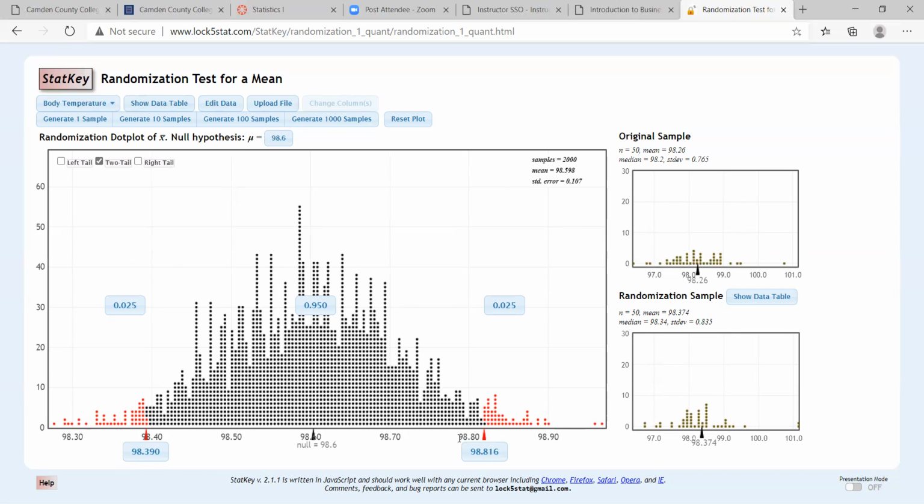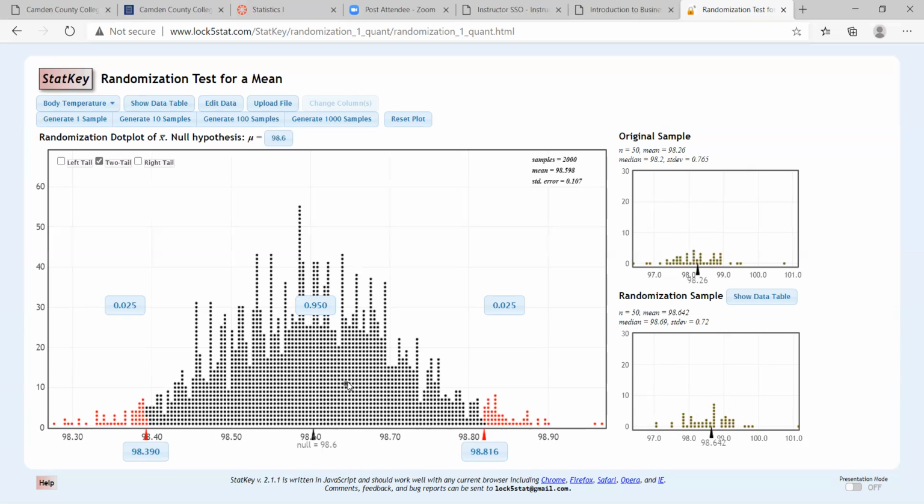To the left of this number here would be in this 95%, what would we call it? Non-rejection region, right? So the rejection regions are the red dots, and the non-rejection region is in the middle here. And 98.6 falls in what? It's in this region in here.